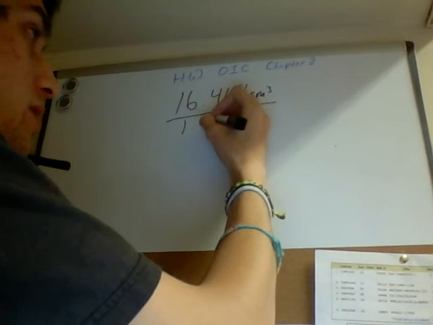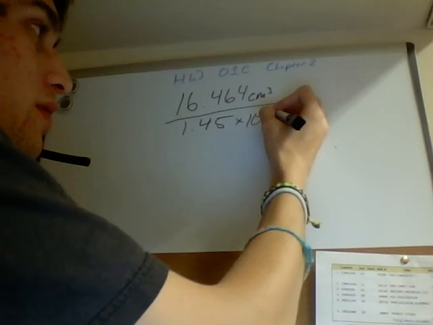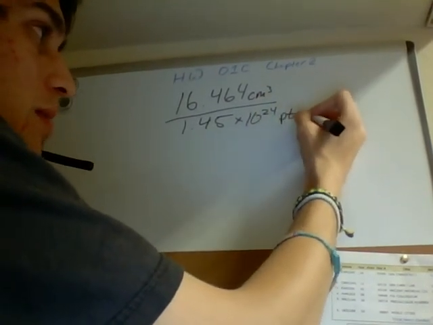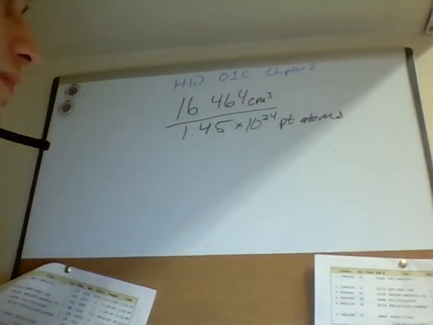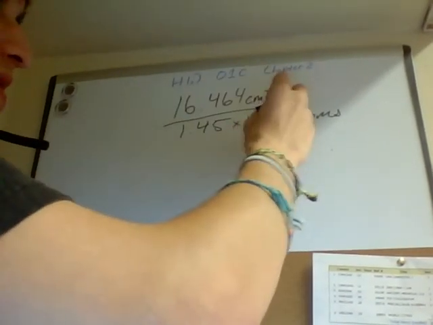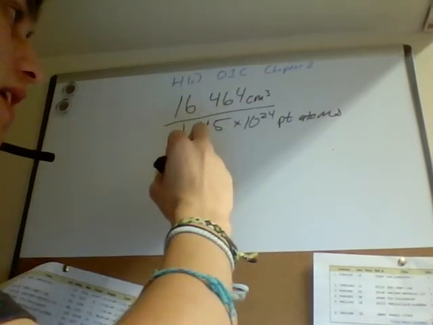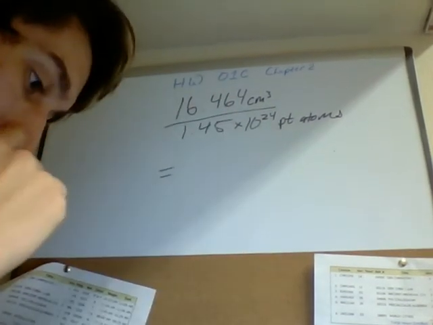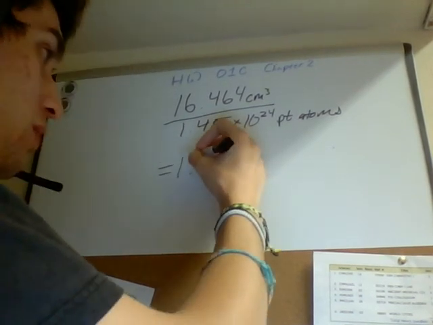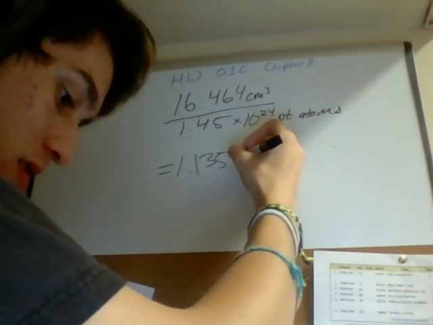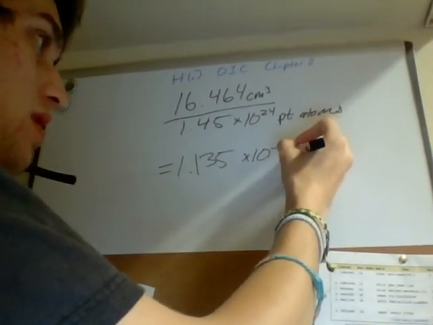For us, that's 1.45 times 10 to the 24 platinum atoms. Okay, so when you divide it, it's essentially going to be over per one platinum atom. When you divide this out, it will equal 1.135 and so on, times 10 to the negative 23rd.